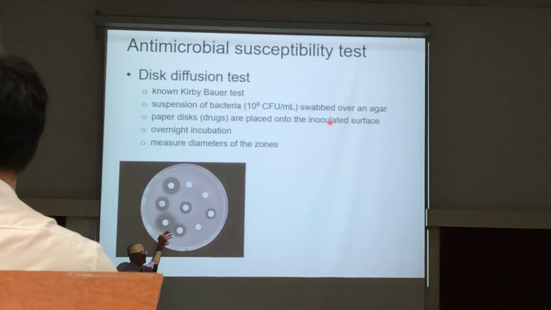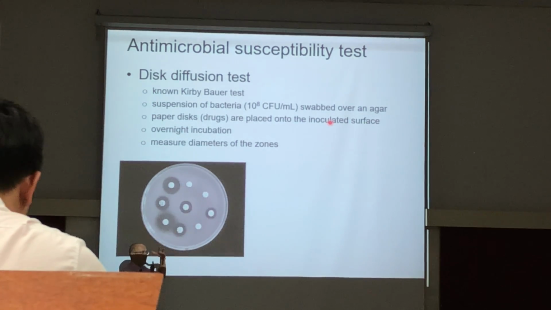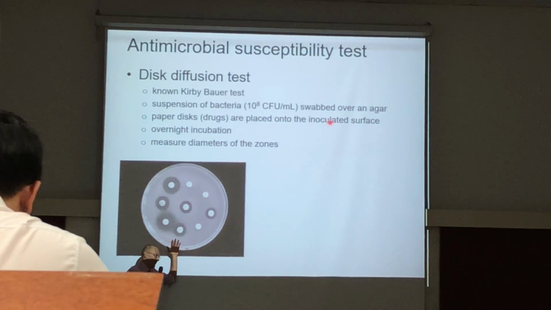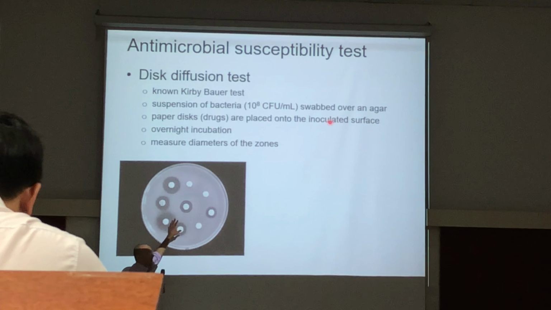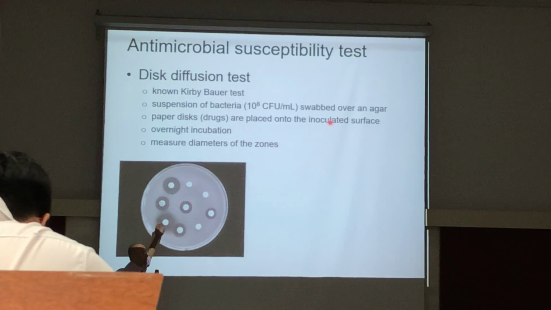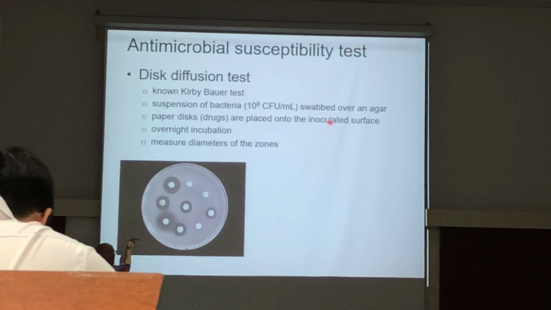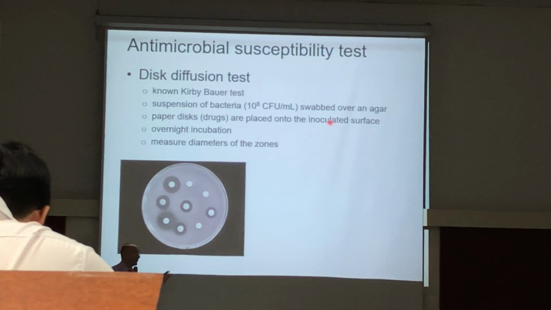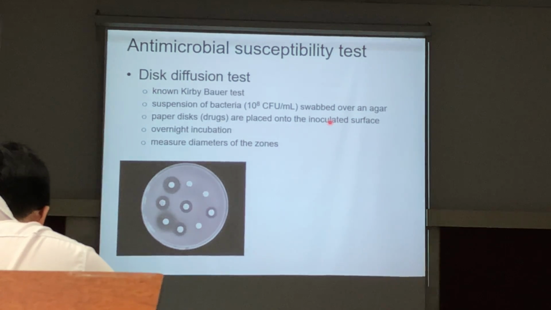But this is not quantitative, it's a sort of qualitative analysis. But really easy to do. I mean, you just have to spread the bacteria there, put these small rounded sort of tablets with antibiotic inside, and let it rest for 24 hours. The morning after you have the results.